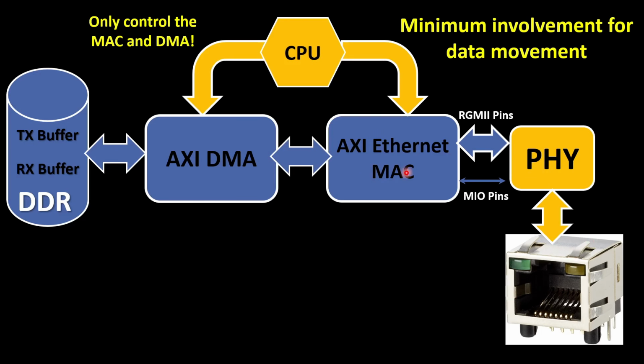Between the AXI Ethernet and the PHY, there are two groups of different pins. The first group of the pins is the RGMII pins. Those pins contain the RX data, TX data, the data lines, and we also have the MIO pins. MIO pins, like the I2C, are there for the communication between our AXI Ethernet IP and PHY.